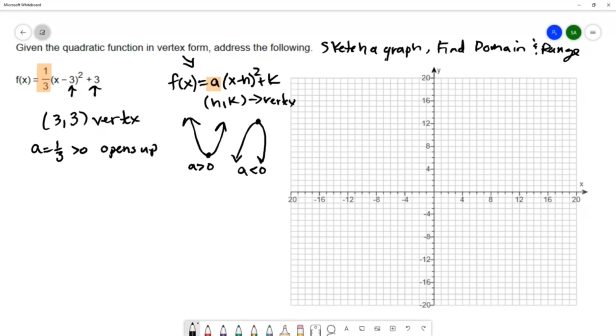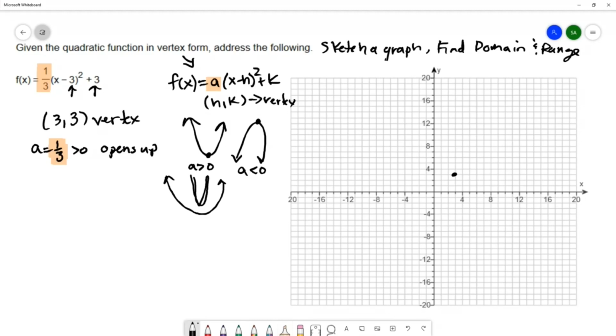So we have a pretty good idea of how to sketch the graph at this point. I'm going to draw where the vertex is, (3, 3), which will be here, and we know it's facing up. However, we don't know how wide or thin the parabola is going to be, and that is also determined by the value of a.